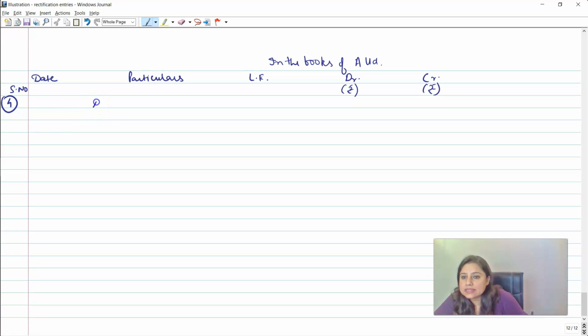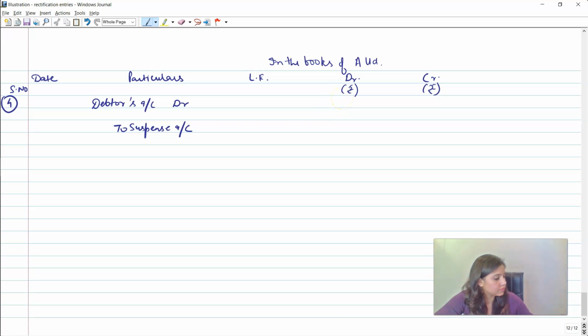So the debtor's account debit to suspense account, and the amount would be 760, which brings us the difference, that is the debtors account would be increased by 90 rupees, right?